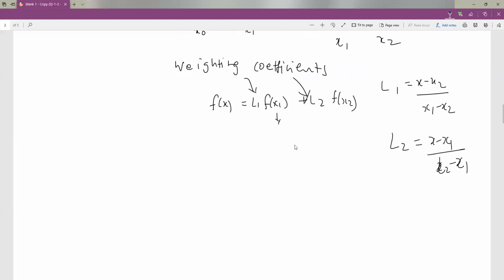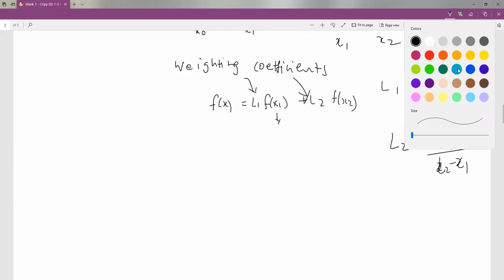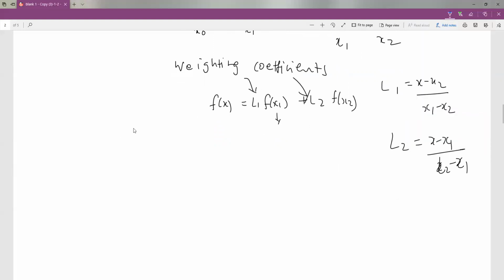And of course, if you try to see the graphical interpretation of this, if we want to plot the curve, this will be something like this. These weighing coefficients, when you multiply them with the function's known value, are going to help me in determining the intermediate value.